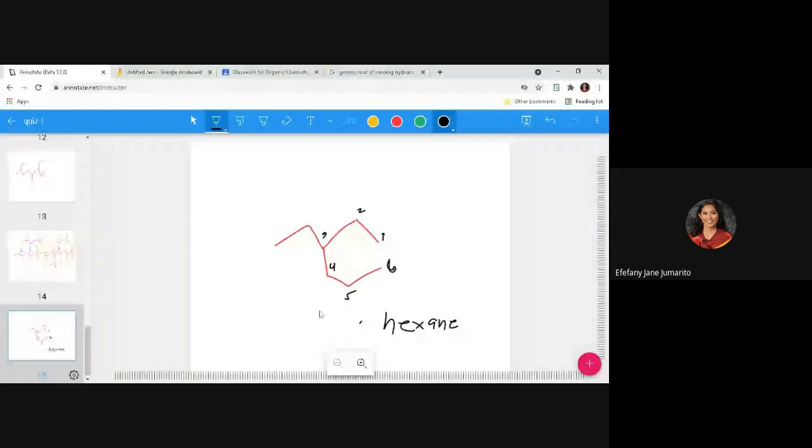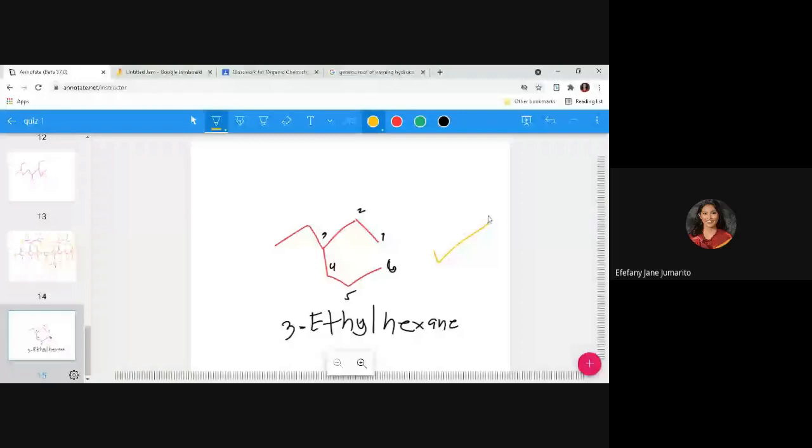And then we have 12 already. I will video it and you check your work. The third carbon has an alkyl group, in the third position, hexane. Check.